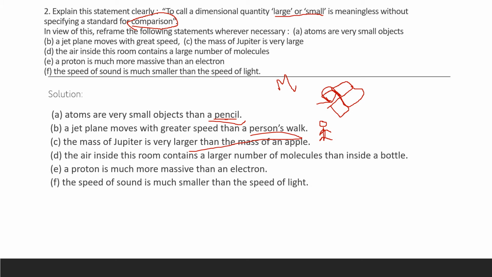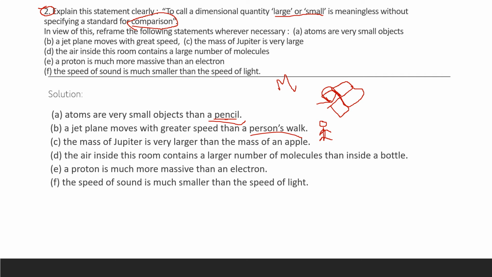You can take that example, or instead of person's walk, you can write cycle, bus, car, anything, isn't it? This one you can solve by yourself. I'm giving this just for information, for those who cannot identify.